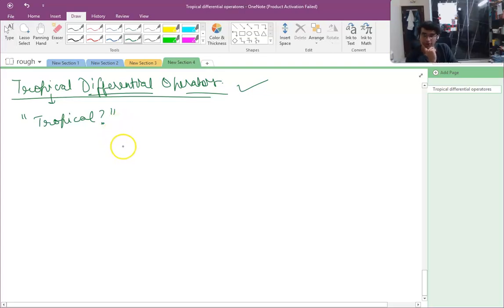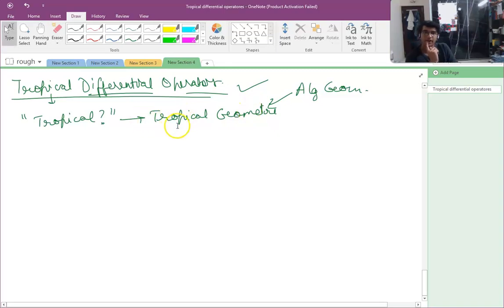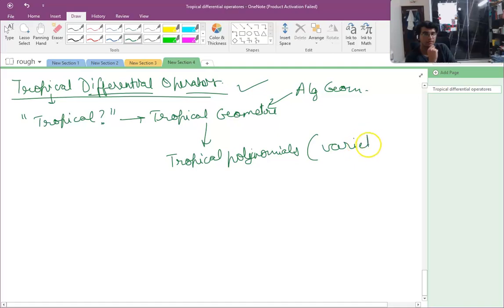When we talk about tropical, we're talking mainly about tropical geometry. It is a subfield that comes from a field called algebraic geometry. And what we're going to be doing under this is studying tropical polynomials, or more formally, they're called varieties instead of polynomials.